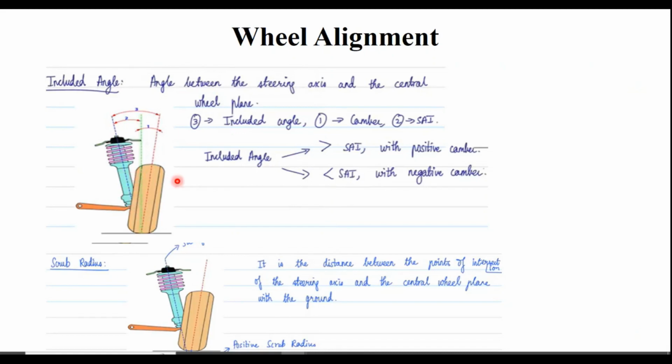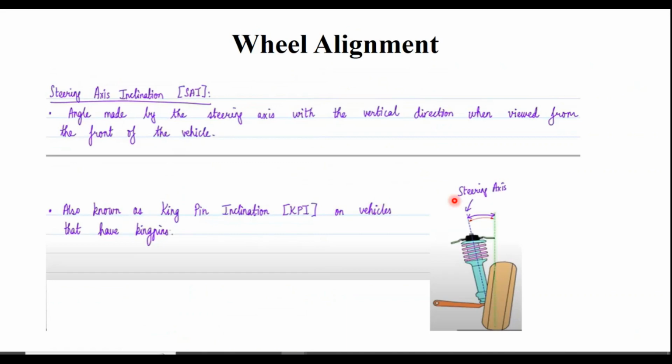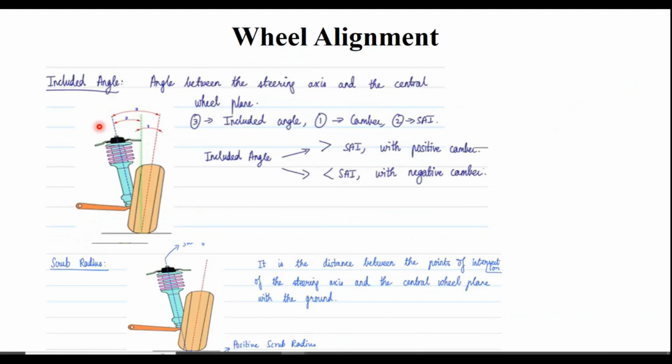And SAI, we are also viewing the vehicle from the front. The angle between the center of the suspension spring and the vertical direction of the vehicle, you call the steering axis inclination.